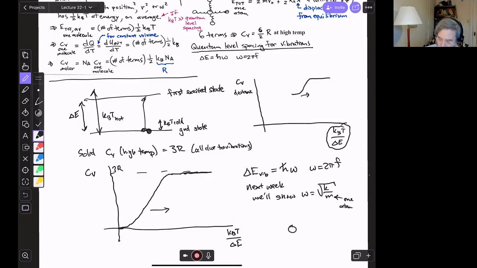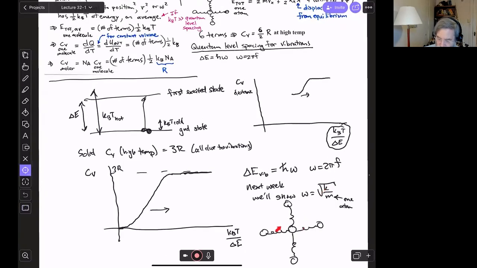So again, here's our model of the atom and its surrounding atoms that it's connected to by springs, and the K here is characterizing these springs.